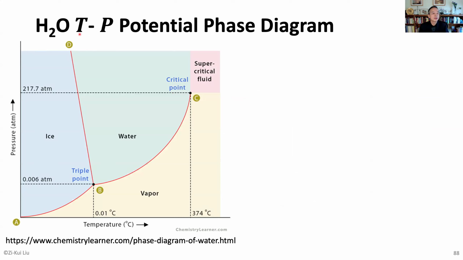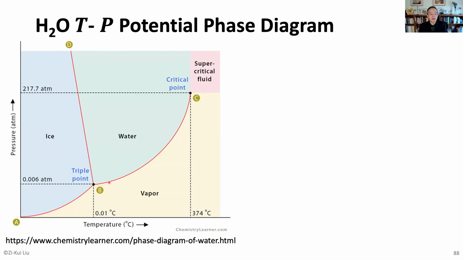Water, H2O, with temperature and pressure. You have single phase regions here: ice, water, and vapor, right? And you have two phase regions here. This one is between ice and vapor. This line, again, can be represented by the Clausius-Clapeyron equation.